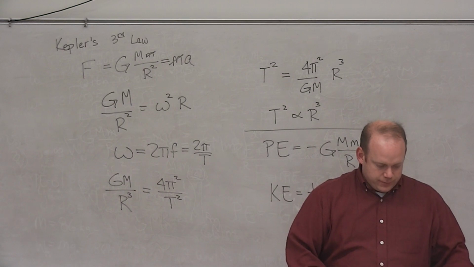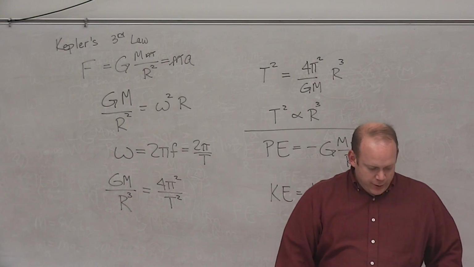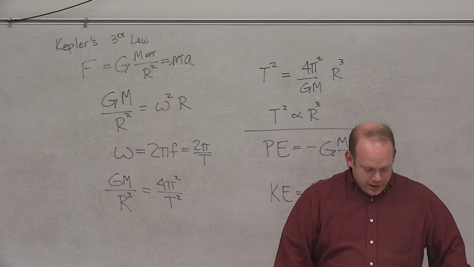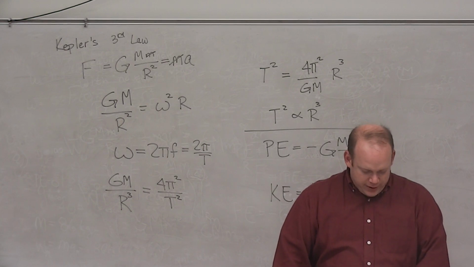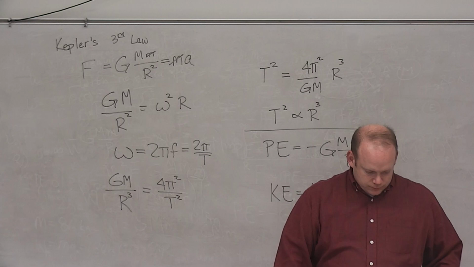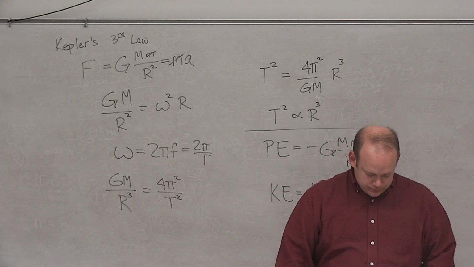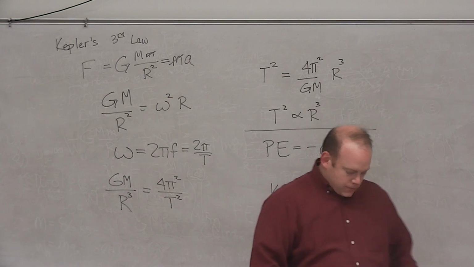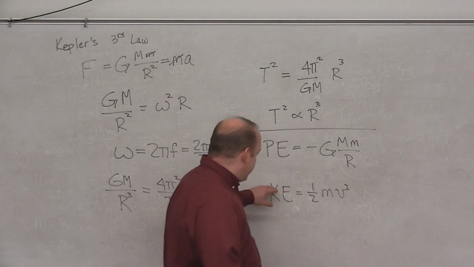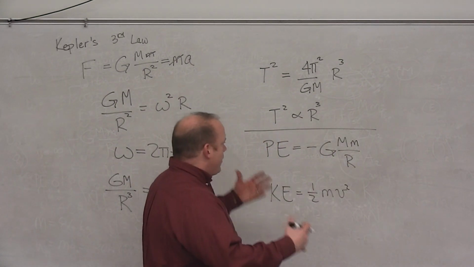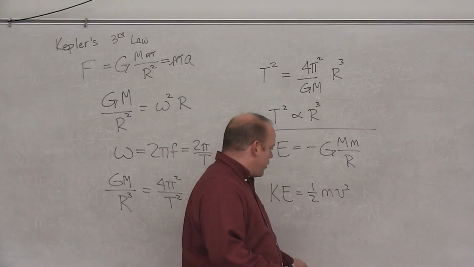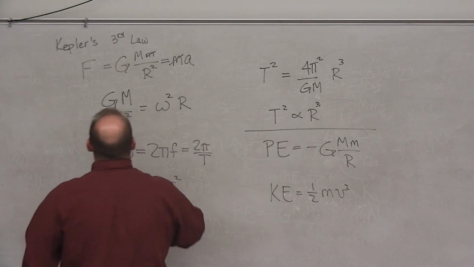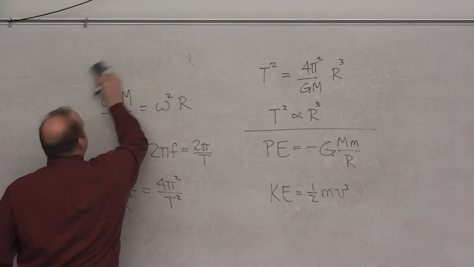So now we want to take a look at a case where it's going around in a circular orbit, and we want to look at it in terms of our potential energy. So for now, orbital energies.